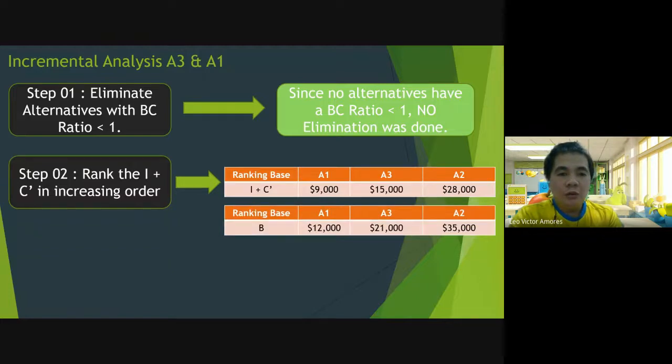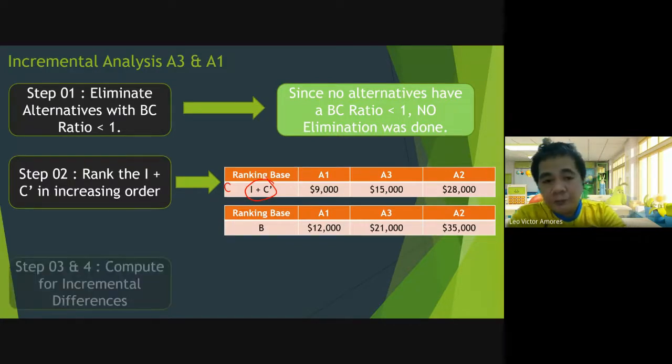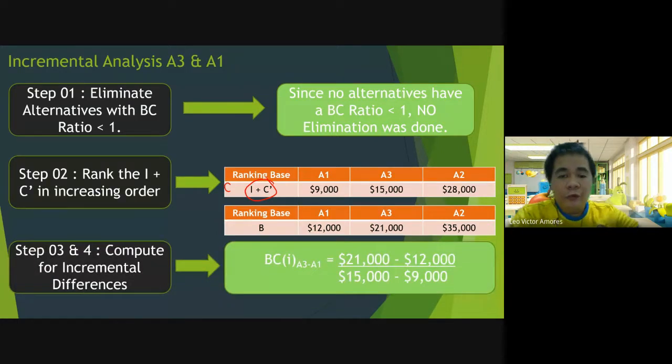Okay? So, number 1, when it comes to incremental analysis, you'll have to arrange the denominator in increasing value. That refers to your C or the I plus C hat. That means that in order for you not to have a negative denominator, arrange it accordingly. So, for example, you'll have to compare A1 and A3.